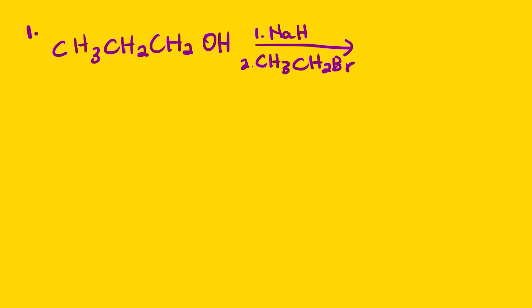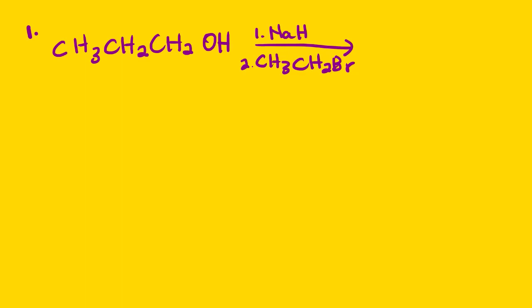Once you get a question like this in one of the question papers or exams, don't be confused. You simply react this with the first reagent, and then go to the second reaction with this part here. So we have an alcohol.